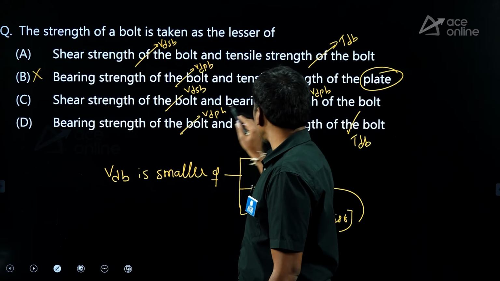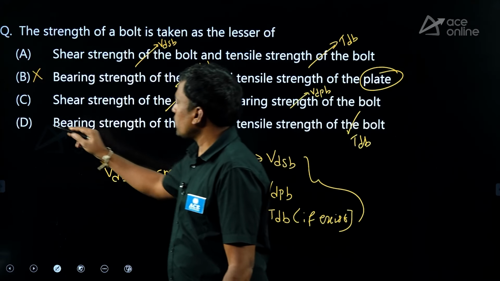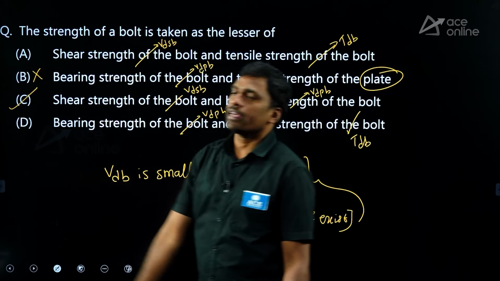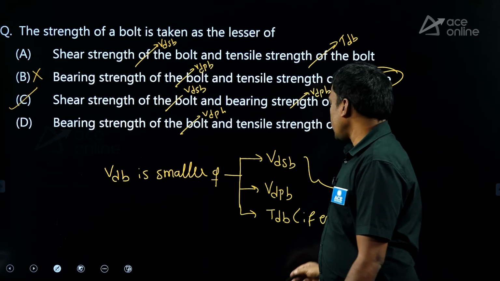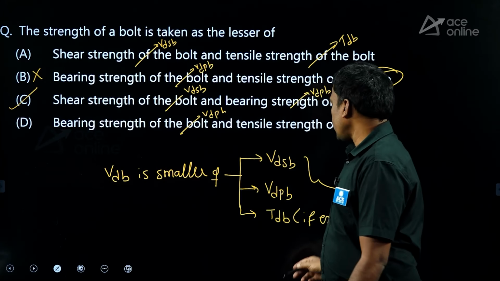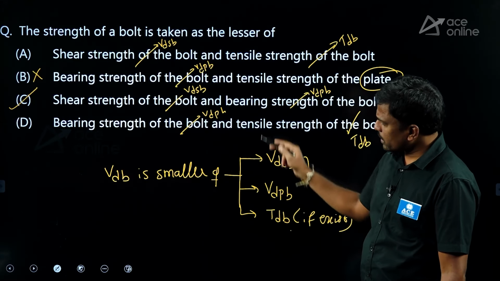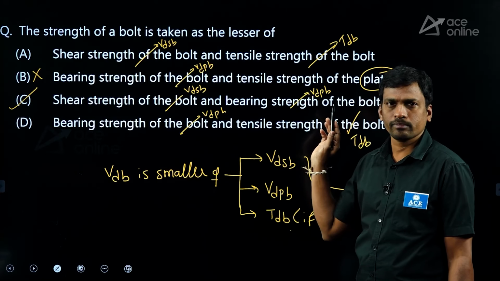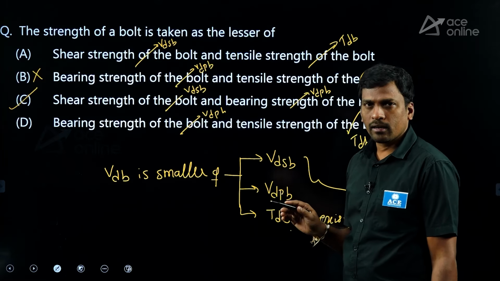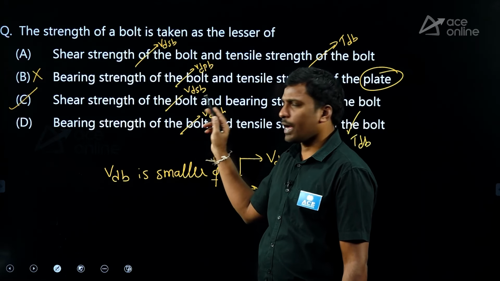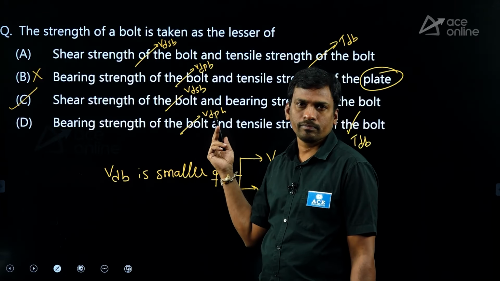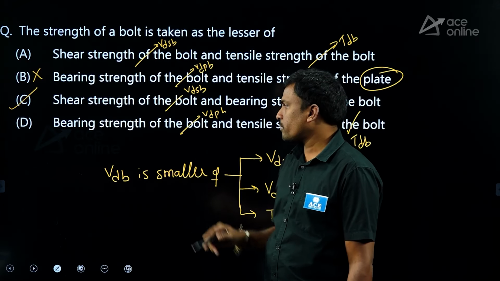Shear strength of bolt and bearing strength of bolt. So option C is correct. Actually, TDB is also present if the bolt is subjected to tension. In the same option, if you give 3, yes, 3 are correct. But here this will be considered as a lap joint, butt joint. Then option C is correct.